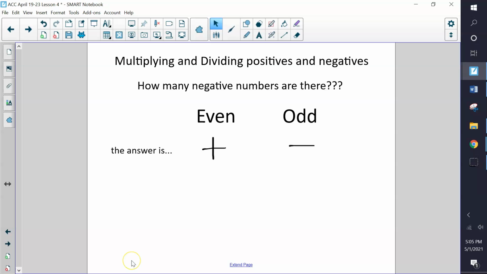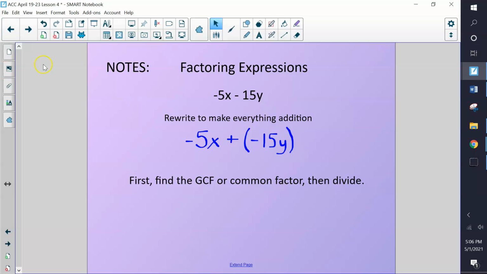Or if there is an odd number of negative numbers, so if there's only one number that's negative, maybe a negative times a positive or a negative divided by a positive, if only one of them is negative, then the answer is going to be negative. So we can just count up here.